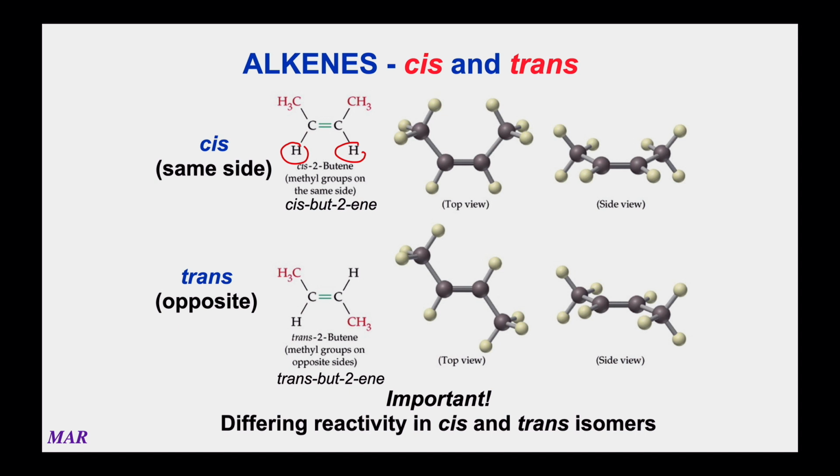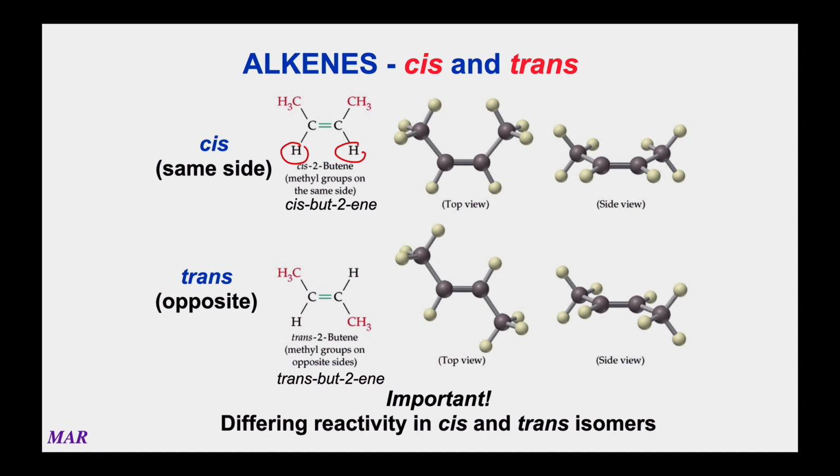So let me focus on the hydrogens here since I've circled them. In the cis form, the hydrogens are on opposite carbons but the same side, all right? They're both, if you will, facing down. And if you rotated that thing 180, so the methyl groups are on the bottom and the hydrogen groups are on the top, then the hydrogens would both be on the top of the molecule.